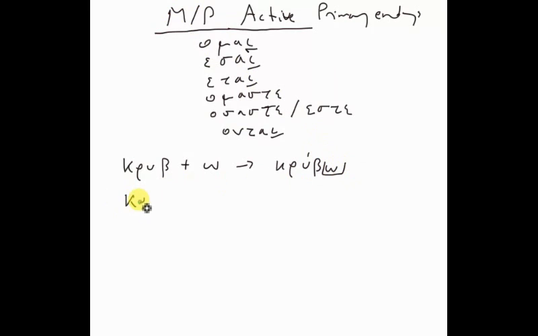Now we're going to tack on our passive primary ending. And as we said in the video where we covered accentuation, for the purposes of recessive accentuation, alpha iota is short. So if alpha iota is short, then the accent goes on the antepenult. Krivome. So finally, I'm hiding. I'm hiding myself. I'm in hiding.